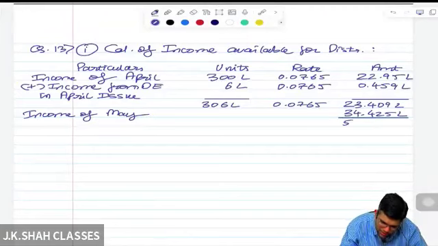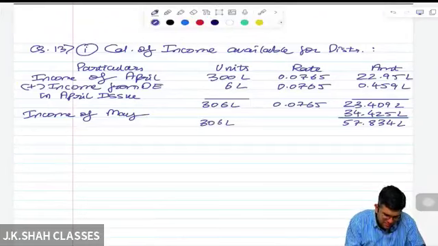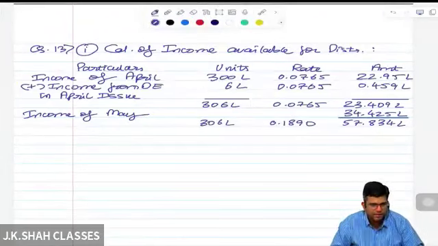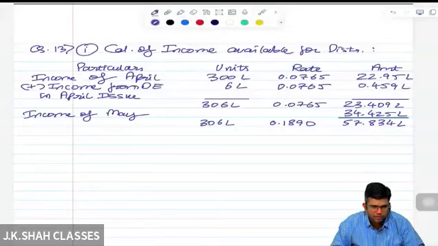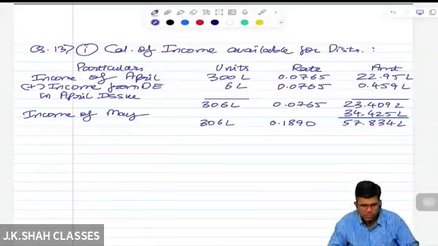My total income at the end of May is 57.834 lakh, which of course will be spread amongst 306 lakh partners. And that gives you 0.1890 rate per partner.